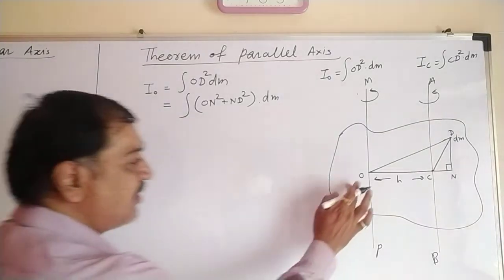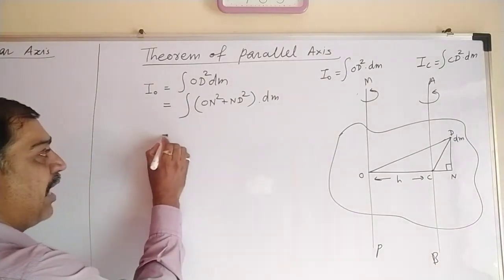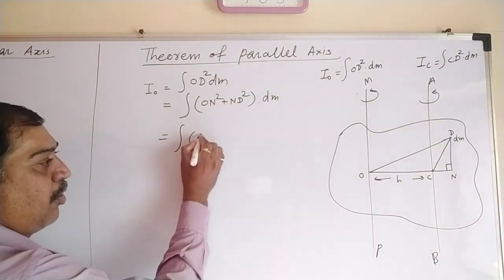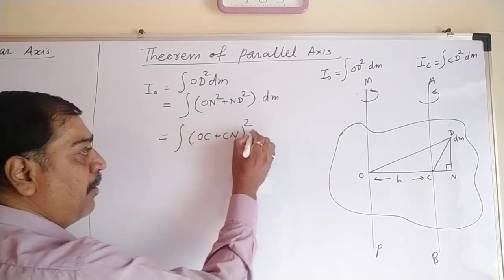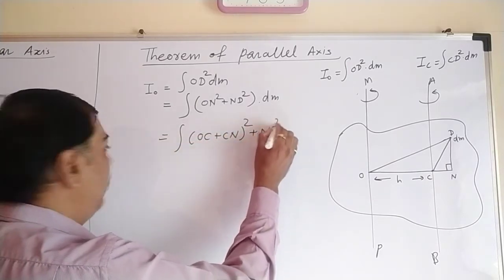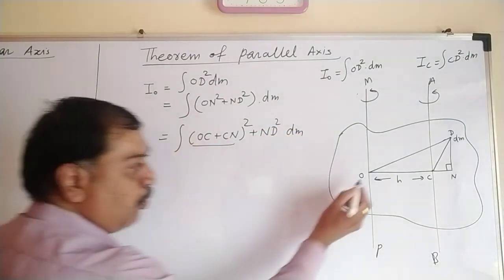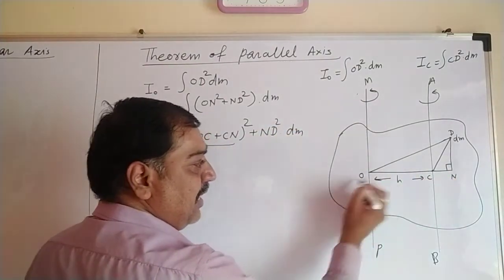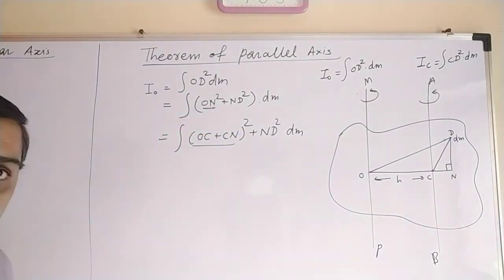Now what is ON square? ON is OC plus CN, whole square. We can write this as integration of (OC plus CN) whole square plus ND square into dm. So what we have done is, OC plus CN is ON, and we have kept the value of ON here.